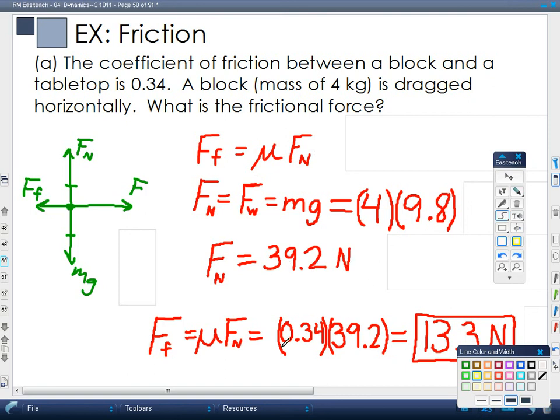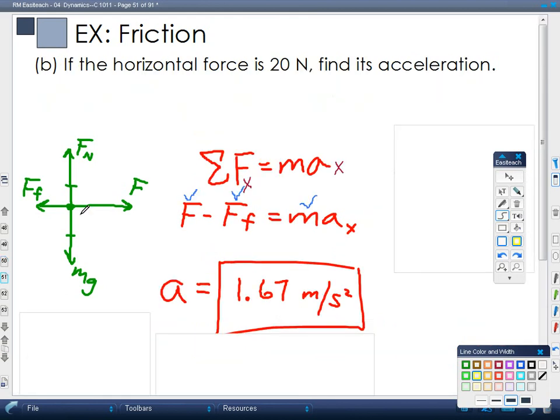You plug in, you get the friction. In the next slide, you just look at the forces that are causing the acceleration. It's just 20 minus 13.3. And it's equal to 4 times a. Plug in, solve. Acceleration is 1.67 meters per second squared.